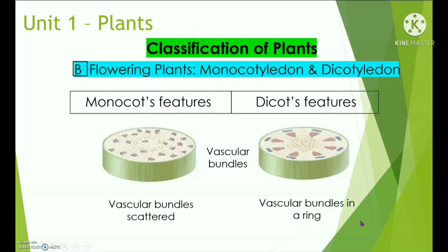Again, what is the difference between monocot and dicot's vascular bundles? Very good. Monocot, the vascular bundles are scattered, while the dicot, the vascular bundles are in the shape of a ring or circle.